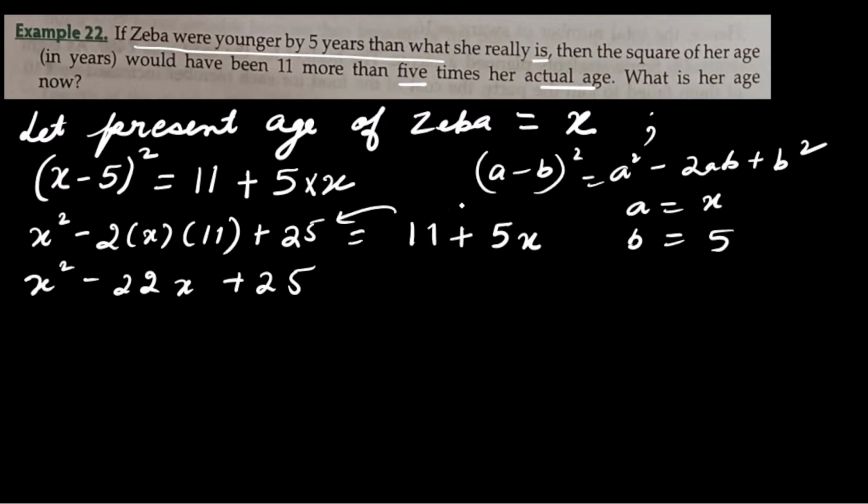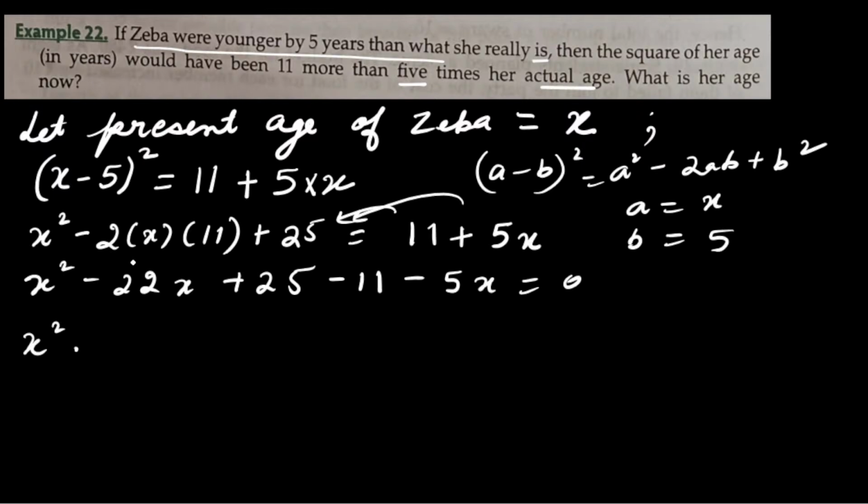Let's shift these also to this side because we have to write it in accordance with the standard form of a quadratic equation. So minus 11 minus 5x is equal to 0. When I am writing this, like terms we can simplify.